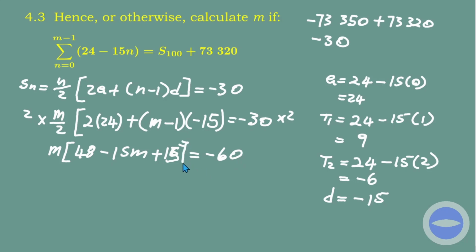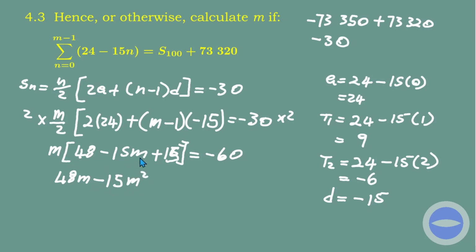So let me close the brackets, and now I have to multiply everything by m. So m times 48 is 48m. m multiplied by negative 15m will make negative 15m squared.